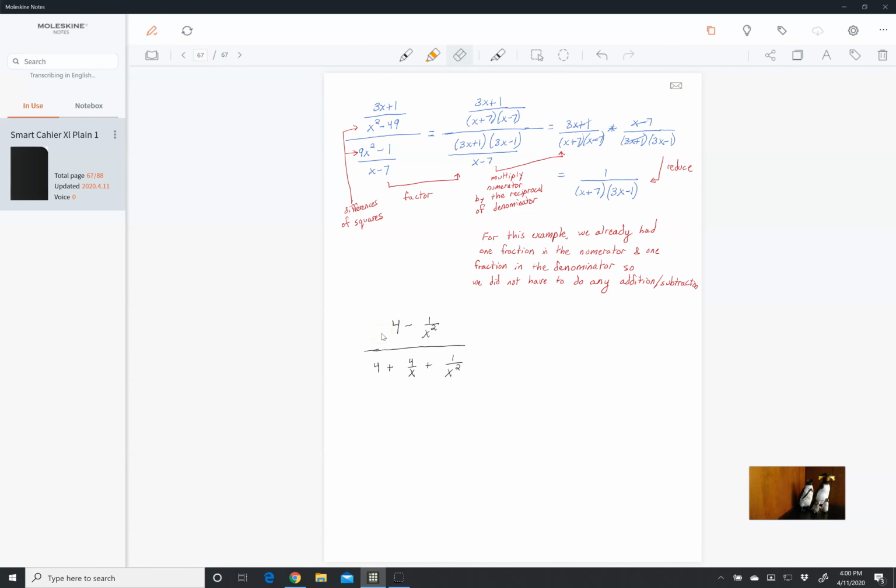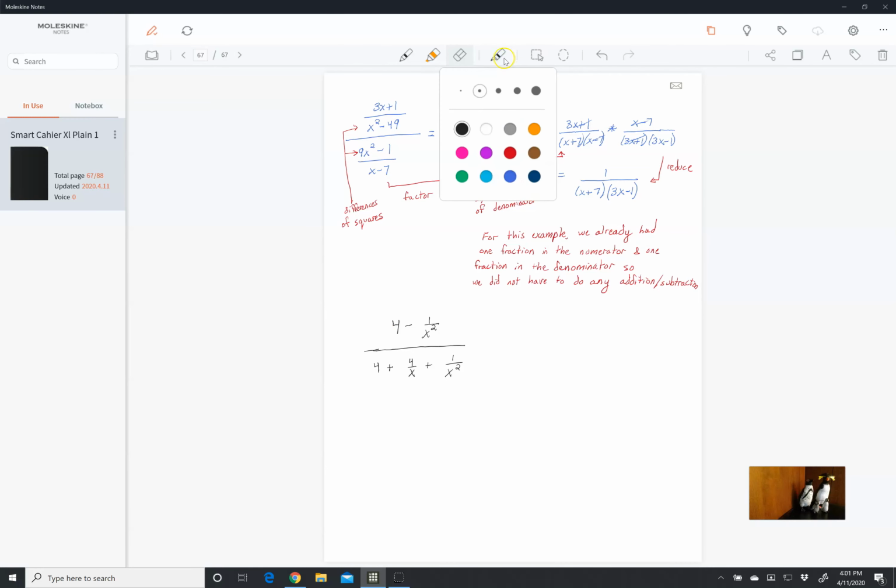We're going to do the same thing. We have to combine the fractions in the numerator and combine the fractions in the denominator so that we have one fraction on top and one fraction on bottom. In order to do this, we need a common denominator.